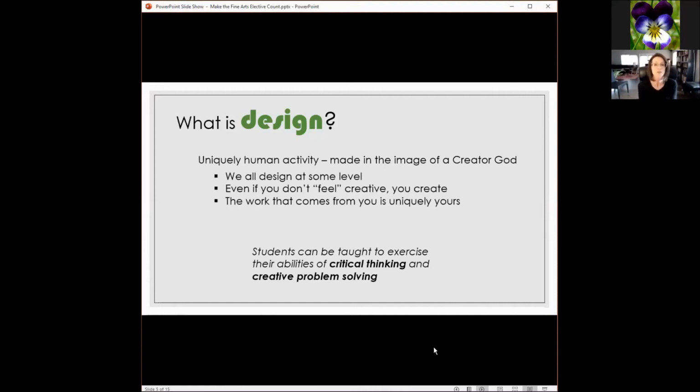It might be your pajamas even, but you have made some choices, and you have thought and weighed choices, and you have put things together to accomplish your goal. So at some level, you have used design just in your daily life already.